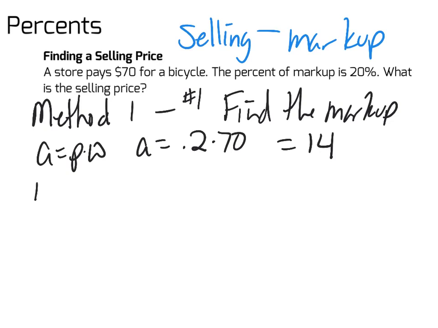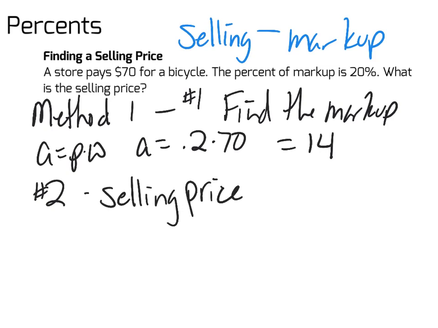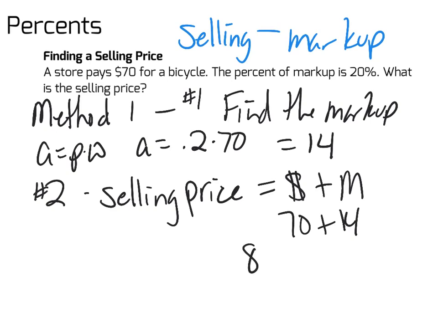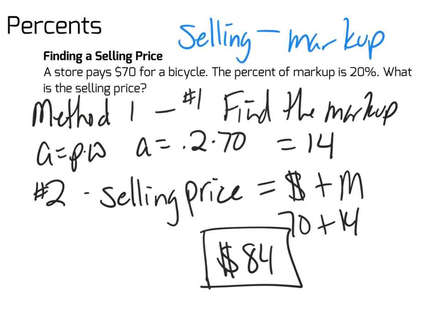So the second step is to find the selling price, which is your cost plus your markup. So I'm going to do 70 plus 14, and I'm going to get $84 for how much I, the store, am actually going to sell that bicycle for, so that I can make some profit.